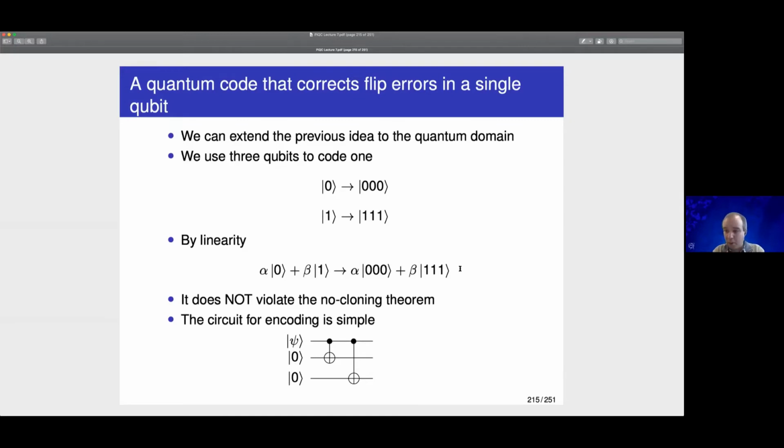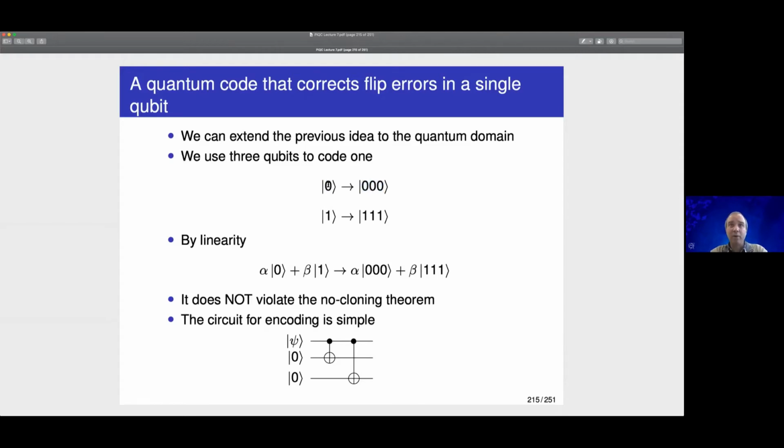Okay, so if we think about the information in just one qubit, we know that we have the state 0, state 1, from which we can define general superpositions, which are the most general states of a qubit. So what we try to do is, well, instead of using just one qubit to store the information, we are going to use 3 qubits, okay?